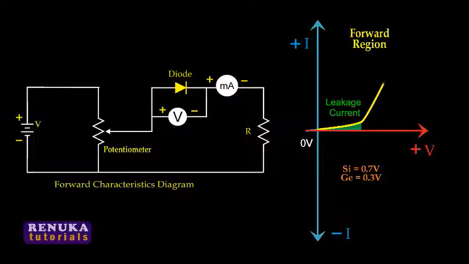This 0.7 volt is called the knee voltage, or forward breakover voltage. After this voltage, the diode starts conducting.